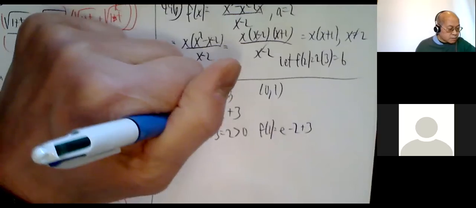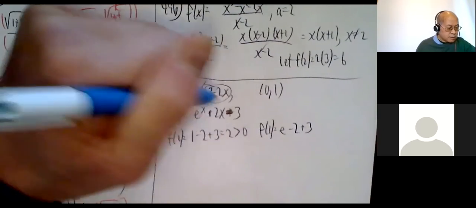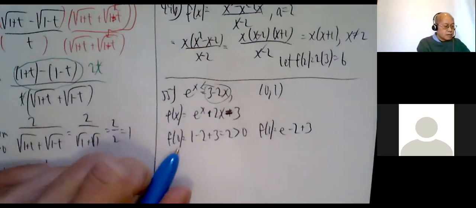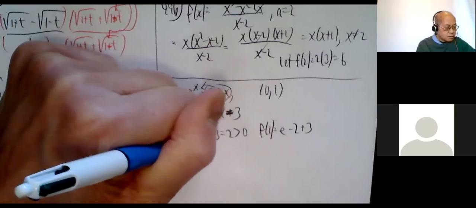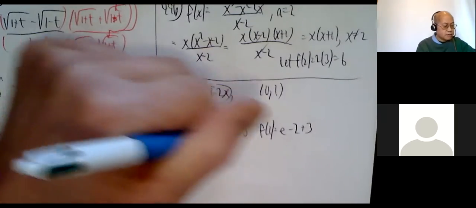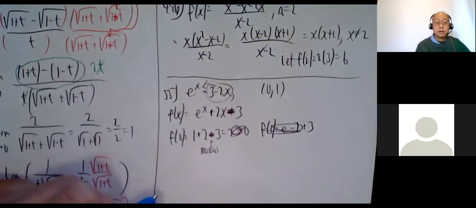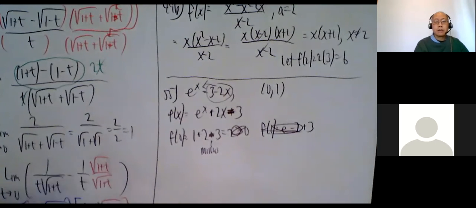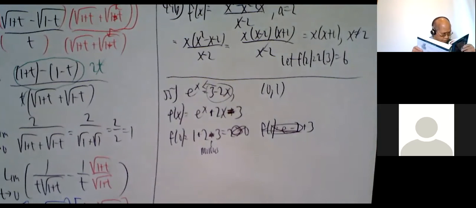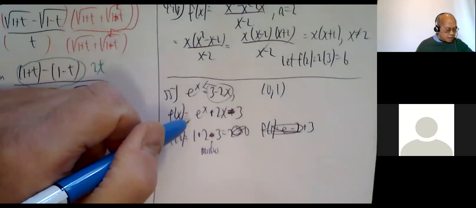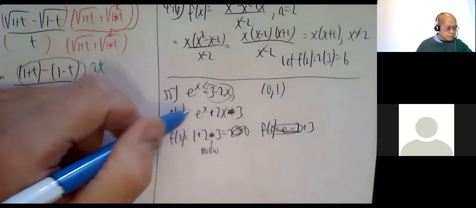Oh, I got it backwards. It should be plus 2x minus 3. Sorry. So that should be plus 2 minus 3. Try that again. e to the x plus 2x minus 3.